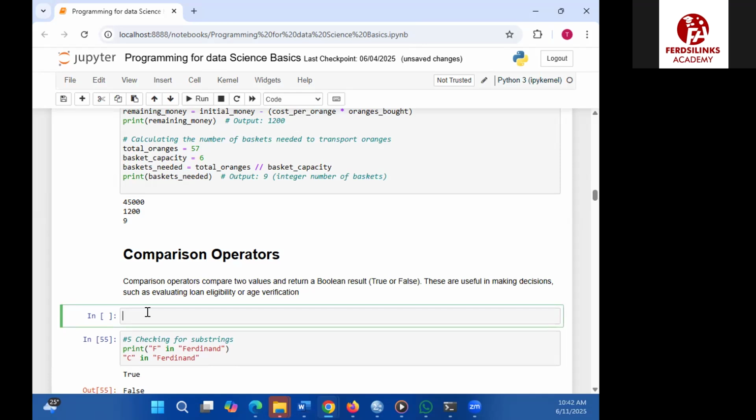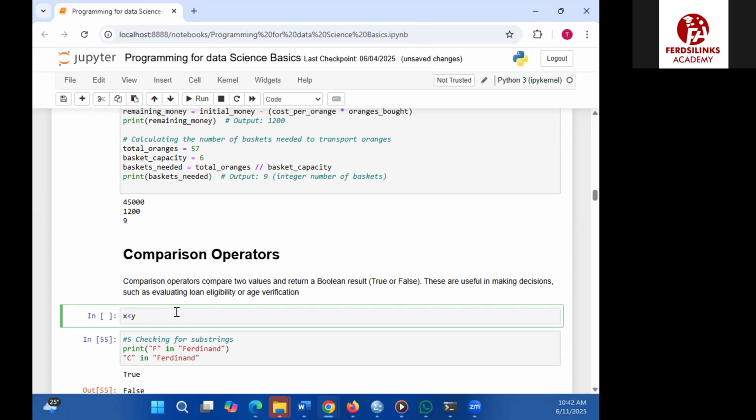For comparison operators, we have greater than, less than, greater than or equal to, and less than or equal to. For instance, we can say x less than y.